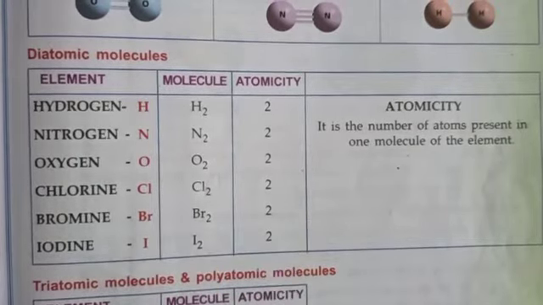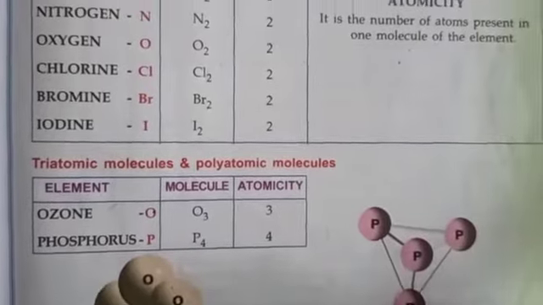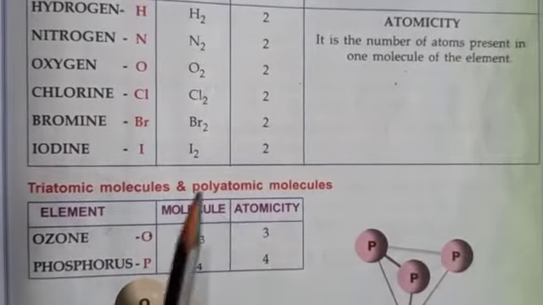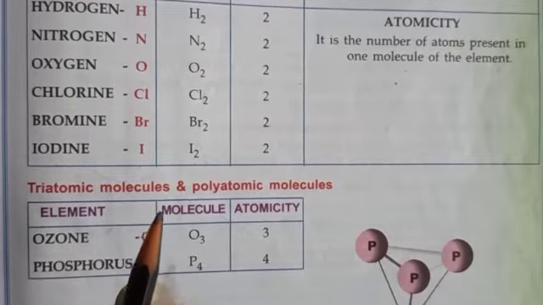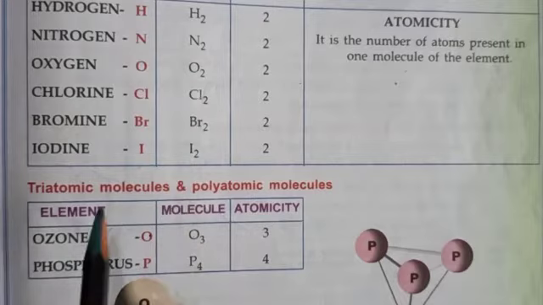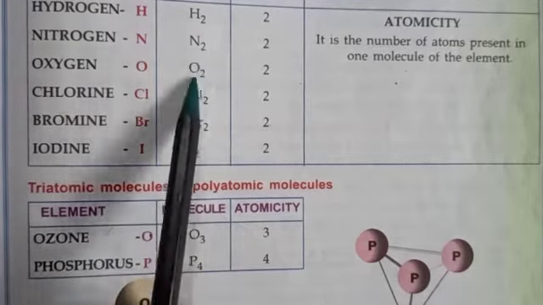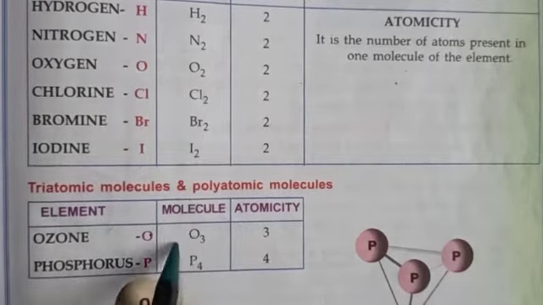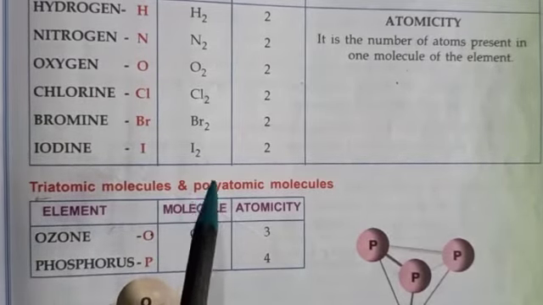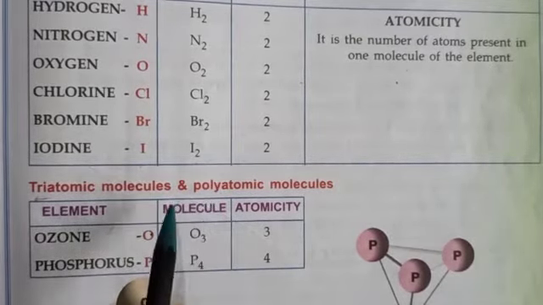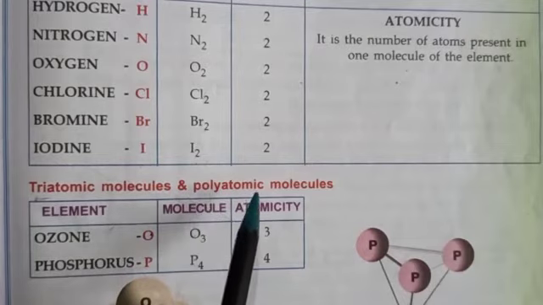Then comes triatomic or polyatomic molecules. These are also formed from atoms of the same element, just like H2 and N2, but there two atoms are present, and here in triatomic, tri means three atoms are present, and poly means many, so more than three atoms are present.